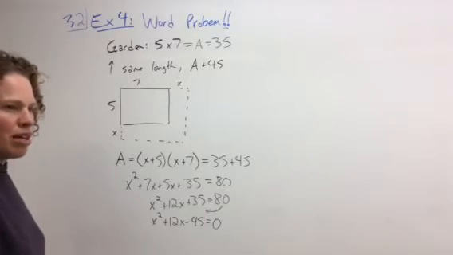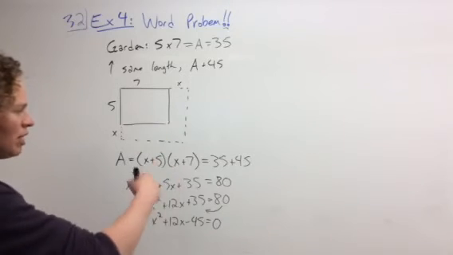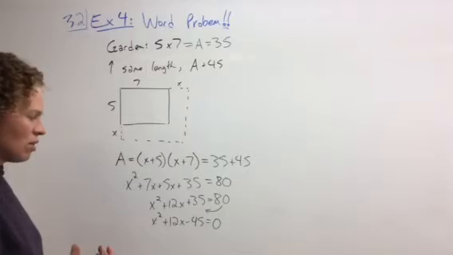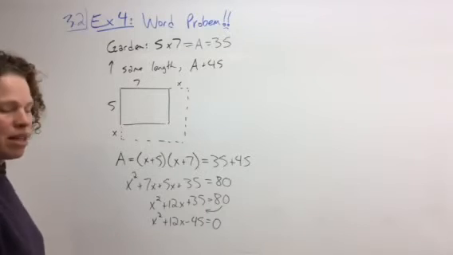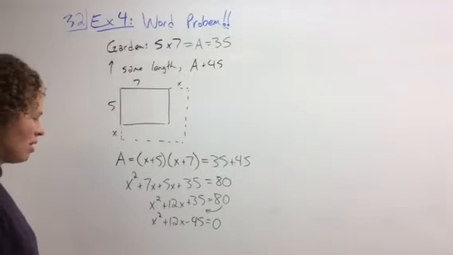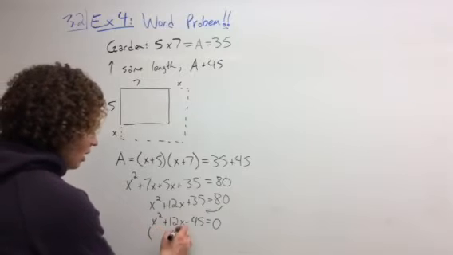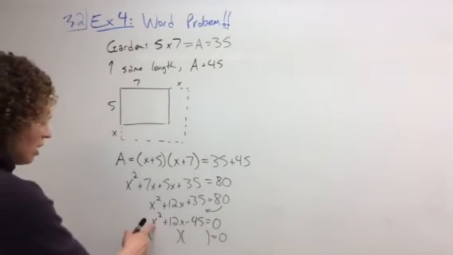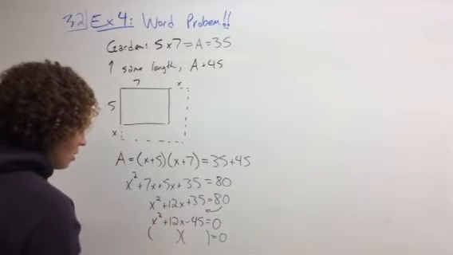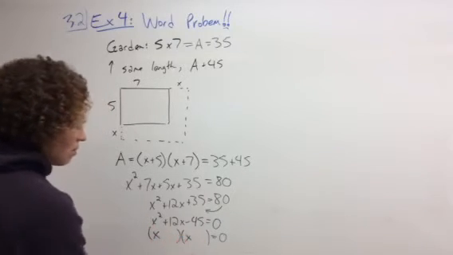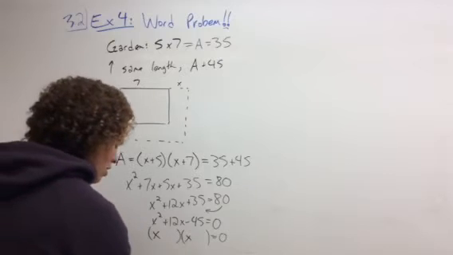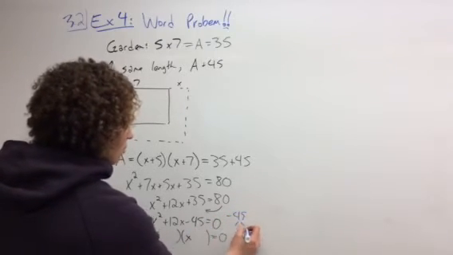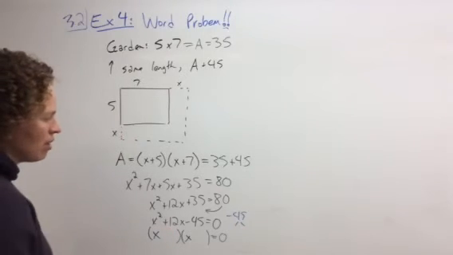Some of you with really big math brains might have been able to simplify that, but I think that it's really a lot more helpful to just go by a method. So this is the method that works for me. So now I've just got my factors that I'm going to have to figure out. X squared is just here, so that means that this is just an x one. And the only challenging part is going to be finding factors of negative 45 that equal positive 12.